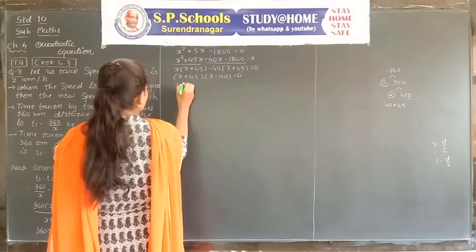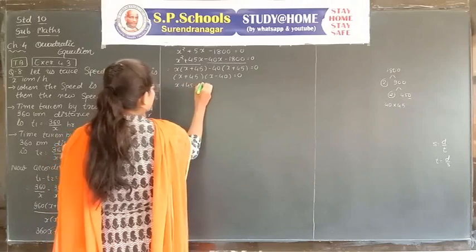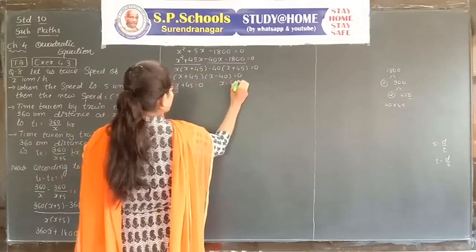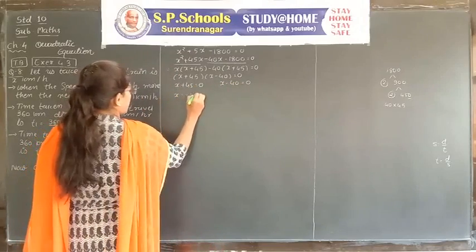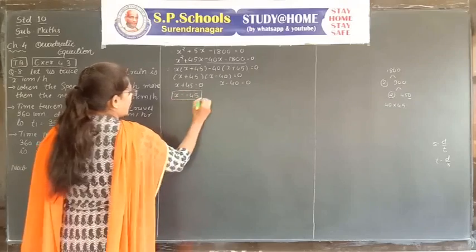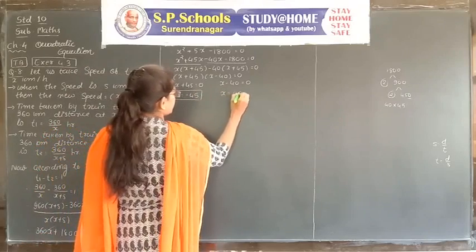Comparing both brackets with 0, we get two different values of x: x is equal to minus 45 and x is equal to 40.